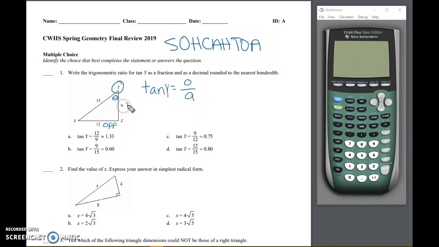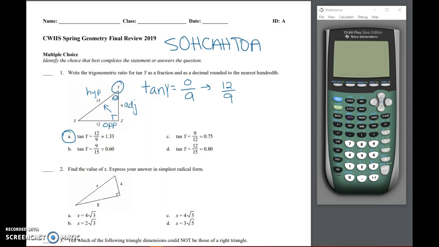Next to theta, that is the adjacent side. And since these are all right triangles, this is my hypotenuse. It's always across from my right angle. Now, since I need opposite over adjacent, that is going to be 12 over 9. So I really only have one option that's 12 over 9, and that's going to be A.